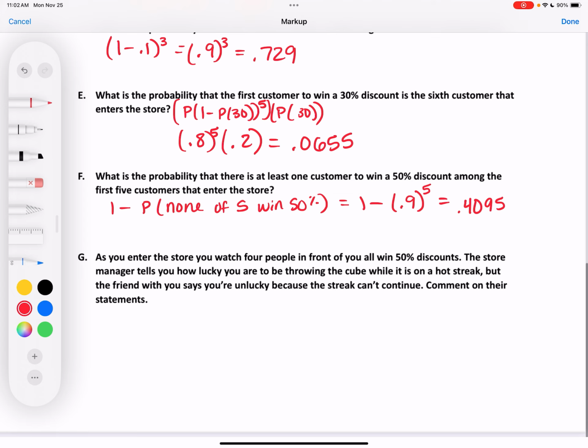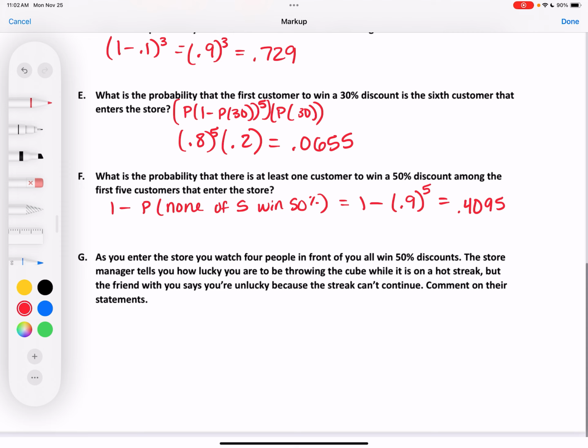Now, the probability of that many people in a row getting it is obviously going to be very different. But I have an equal chance as each of you of getting a 50% when we go up to throw. Now, if I'm a really good shot, then maybe I have a better chance, but that's irrelevant to the generic problem. If we all just randomly closed our eyes and tossed it, we have the same chance of getting it, right?